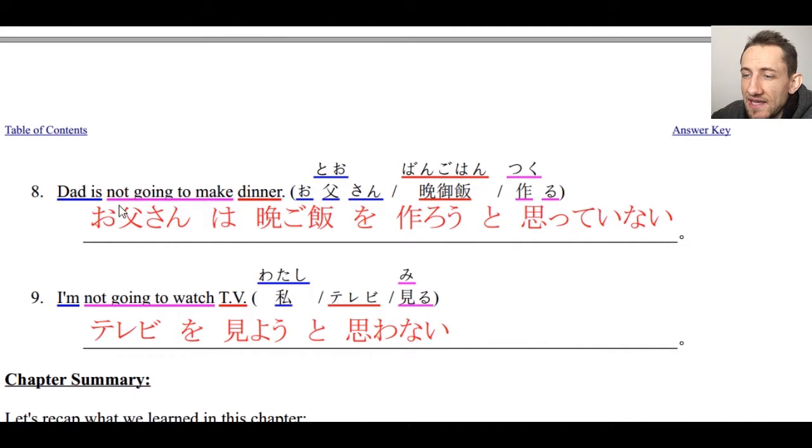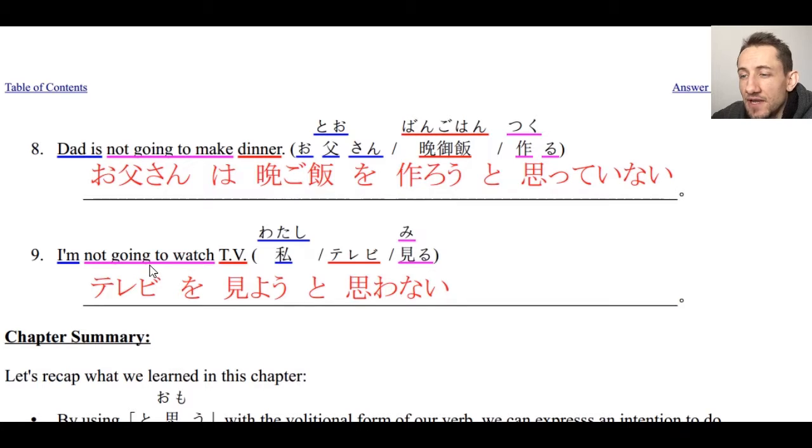Number 8, dad is not going to make dinner. お父さんは晩ご飯を作ろうと思っていない。And number 9, I am not going to watch TV. 私は or just テレビを見ようと思わない。or 私はテレビを見ようと思いません。That's fine.